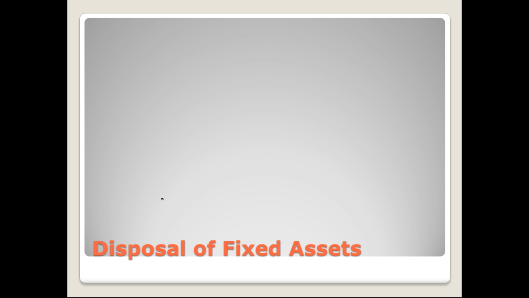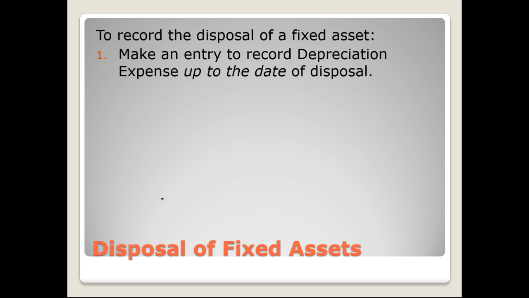So, to record the disposal of a fixed asset, we'll need to make an entry to record the depreciation expense that has accrued up to the date of the disposal. The other word we sometimes use for this is disposition. Let's say an asset has been destroyed in a snowstorm that occurred on October 31st.